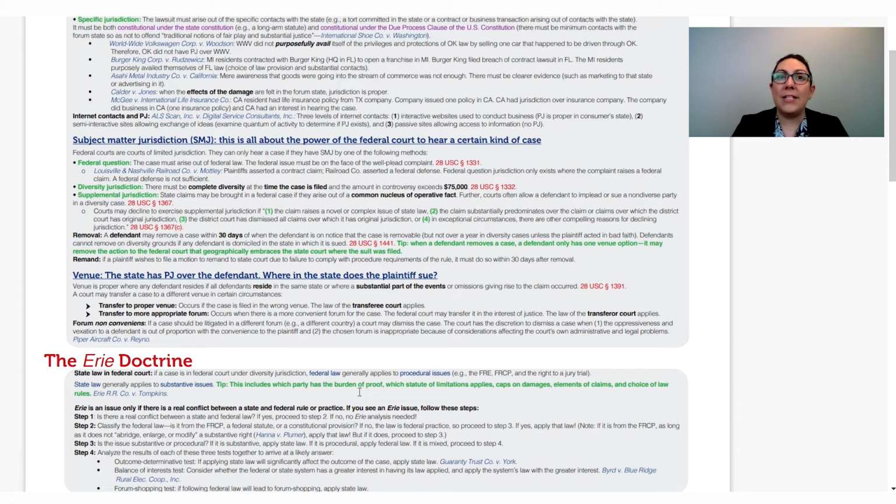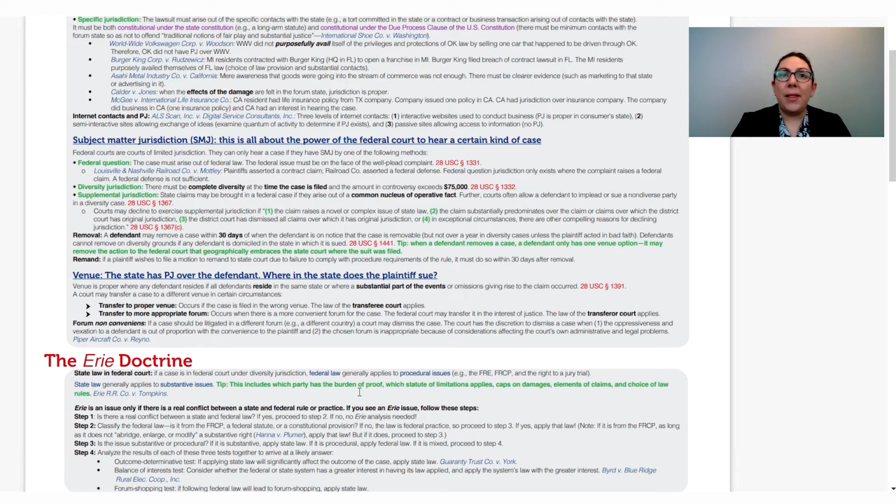Or if the state law claim predominates over the claims that the federal court does have jurisdiction over, again, the federal court system could say, look, we could technically hear this claim, but we just think it's better if we take a step back and we let the state deal with that claim. So this is not mandatory. The federal court does not have to exercise supplemental jurisdiction. And in fact, there's a number of instances where they might specifically decline to exercise jurisdiction and just let the state deal with the issues.